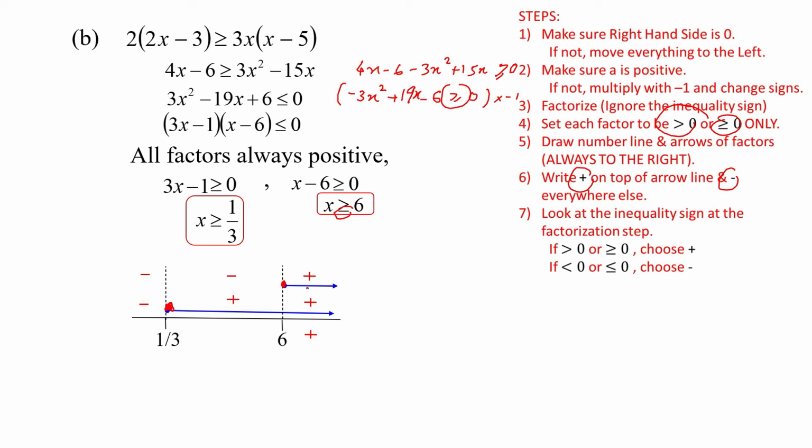Next, we just multiply the signs. Positive times positive is positive. Negative times negative is negative. Negative times negative is positive.